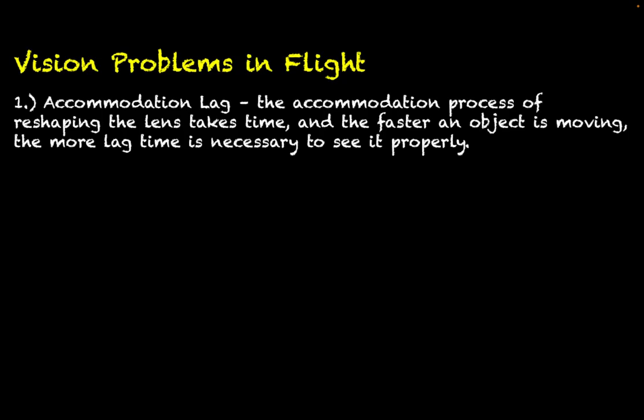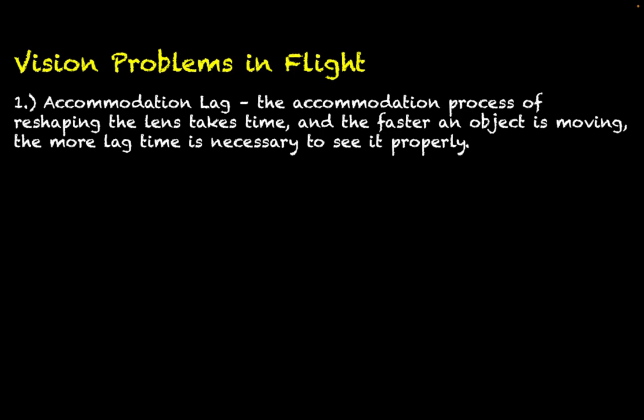So let's talk about some of the physiological defects that actually manifest themselves while you are flying your airplane. The first one we'll talk about is called accommodation lag. We talked about the accommodation process involving the reshaping of the lens to adjust its curvature so that we can maintain a good focal point on the retina for a variety of different objects. But the problem here is that if you're dealing with a fast-moving object, that's going to produce lag time.